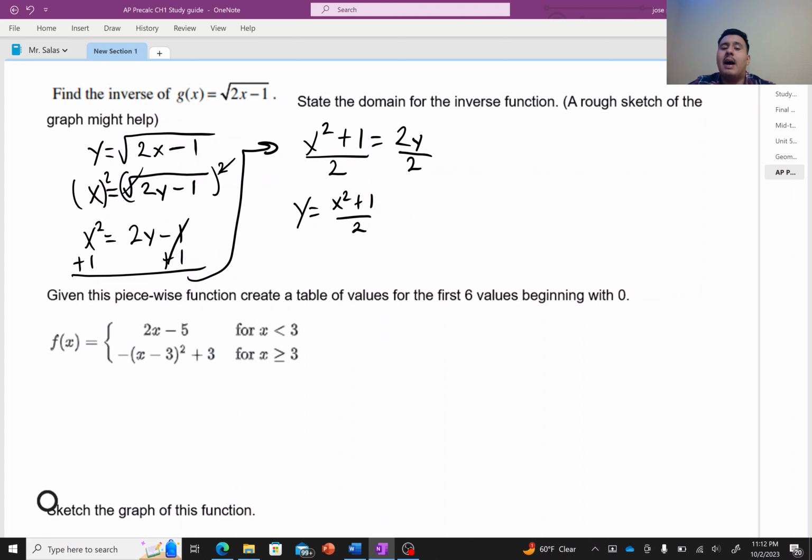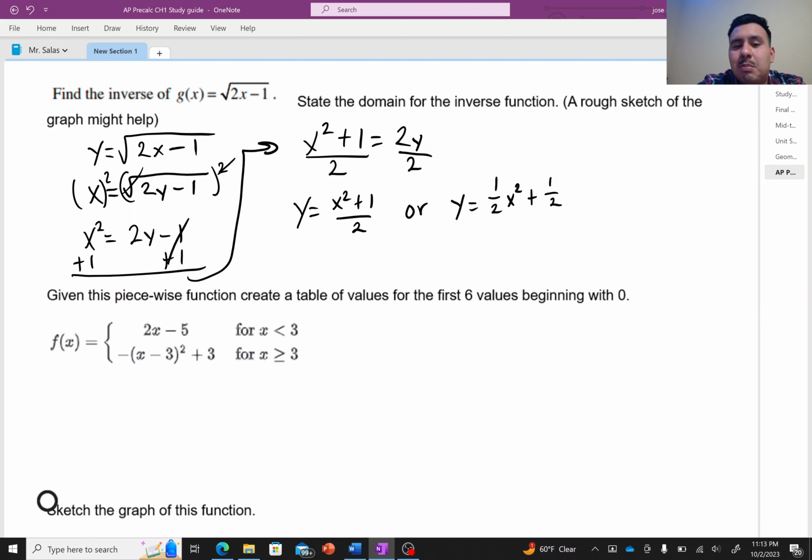Or I can make it look a little bit cleaner by saying y is equal to 1/2 x squared plus 1/2. What did I do there? How can I write 1/2 x squared plus 1/2? I split the fraction.